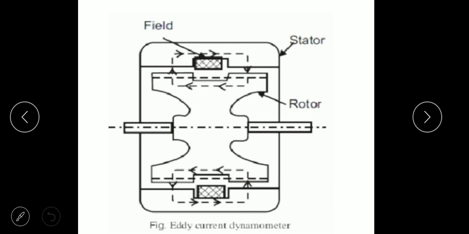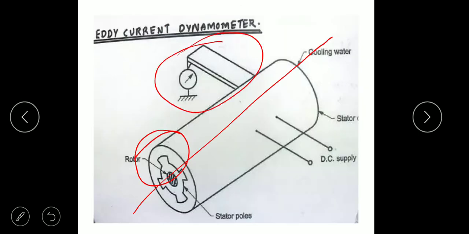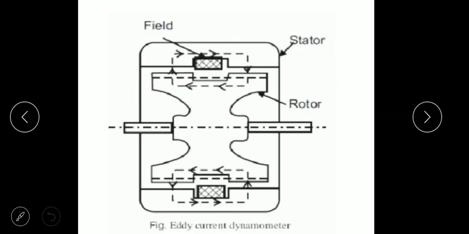The engine shaft will maintain that RPM, and whatever extra torque is required to maintain that RPM will be measured by the arm gauge present on the device. This is the arm with the gauge. We will measure the required torque, power, or the RPM of the engine part.